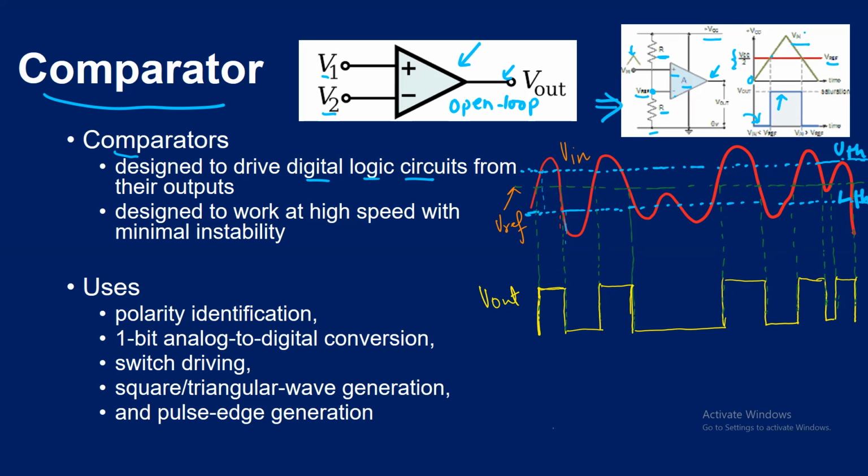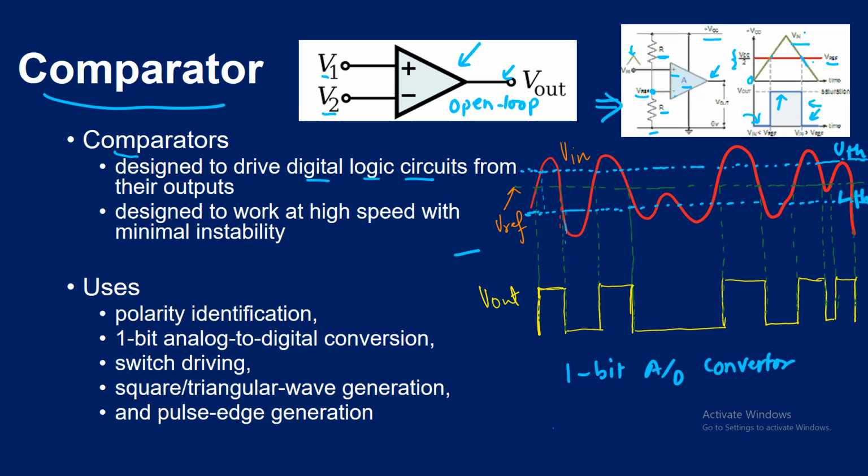Again, when the input falls below the reference voltage, the output is low. That's the basic working principle of the comparator. From this output waveform, you can see this is acting as a 1-bit A to D converter. We can configure the comparator as a 1-bit analog to digital converter.